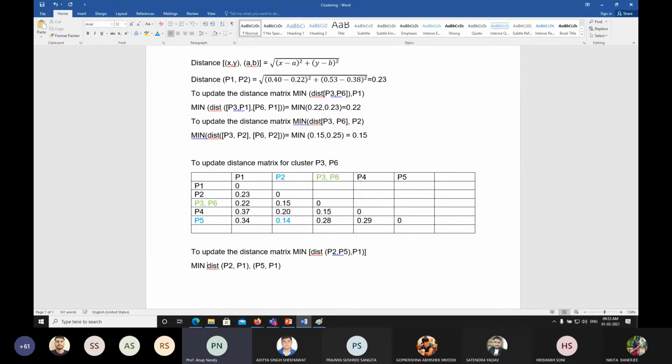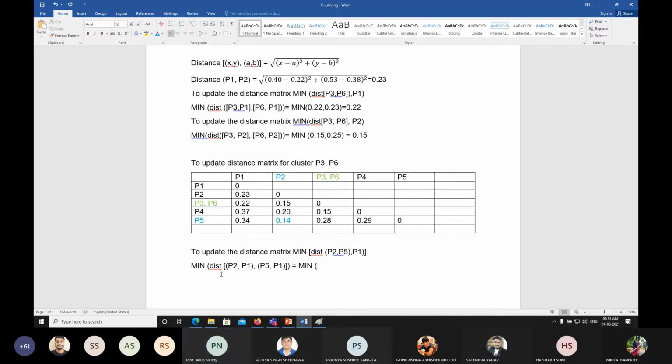So I think okay. So that is minimum of, what I should write?